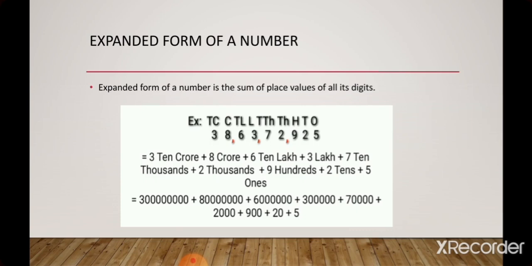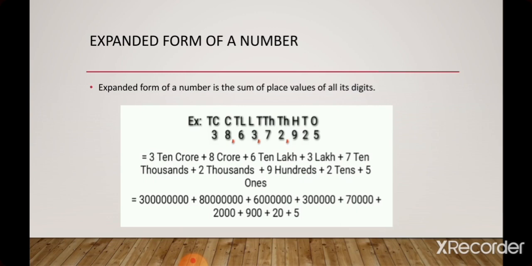So 3 in 10 crores place, that's why 3 10 crores plus. After 3 we have 8. So before going to 8 you should write first plus sign. 8 is in crore place, that's why 8 crore. After 8 we have the number 6.